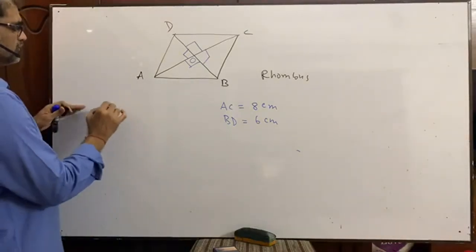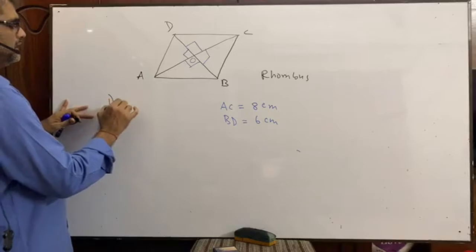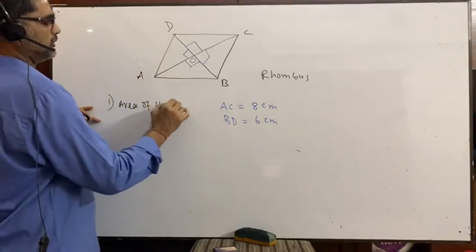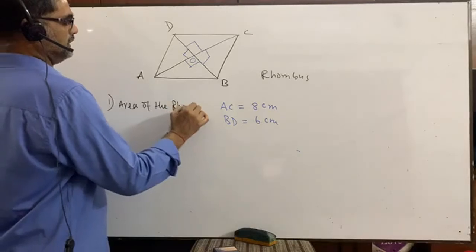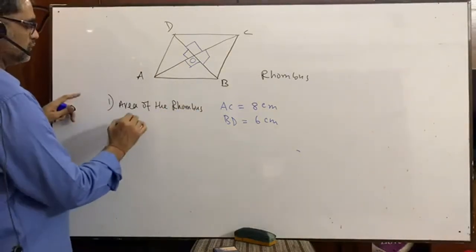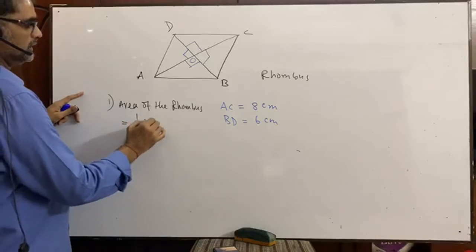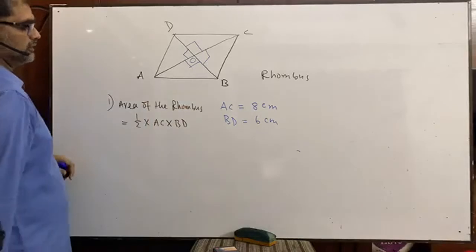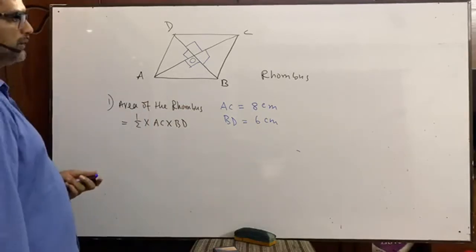Area of the rhombus. All of us know that area of the rhombus is equal to half into product of the diagonals, that is AC into BD. Very good.